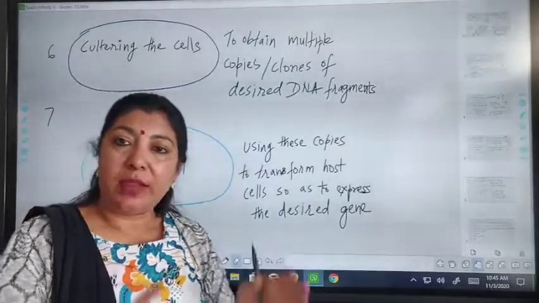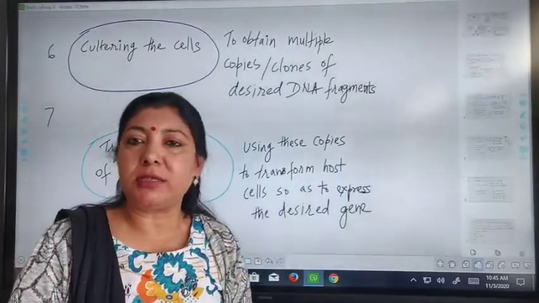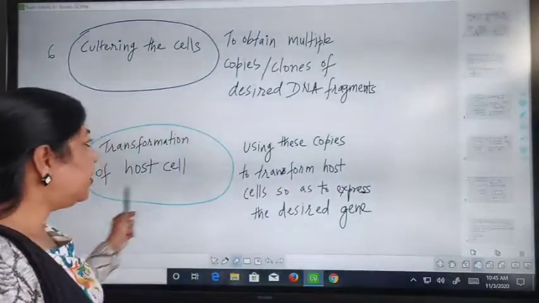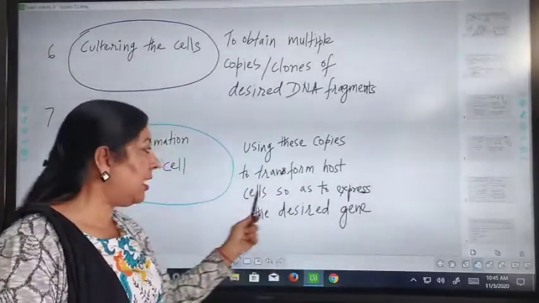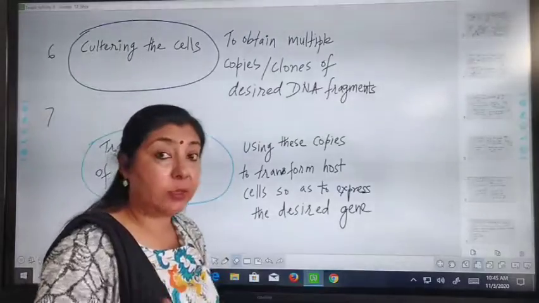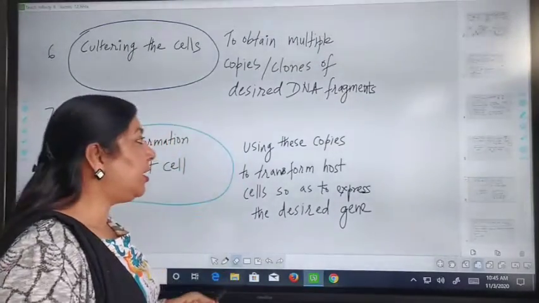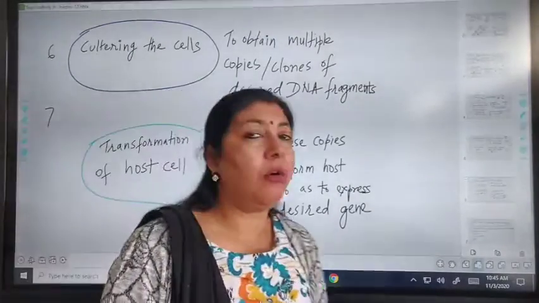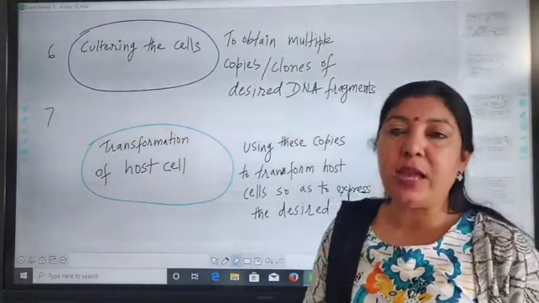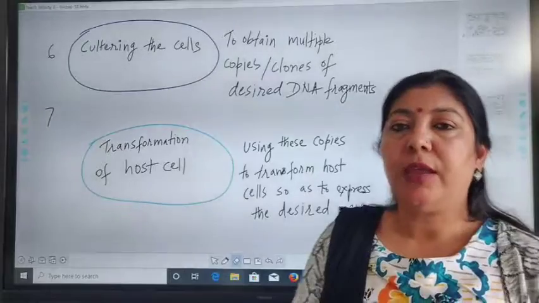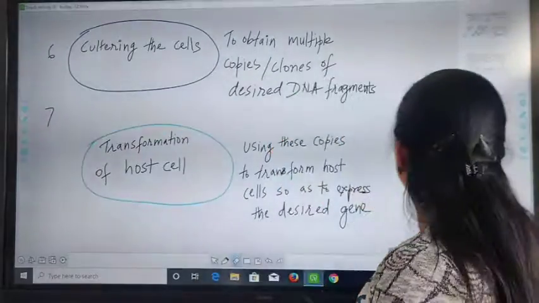How do we know that our whole process is successful? That is using these copies to transform the host cell so that it expresses the desired gene and we get the recombinant product. So these were the 7 steps which are used in all the rDNA processes.